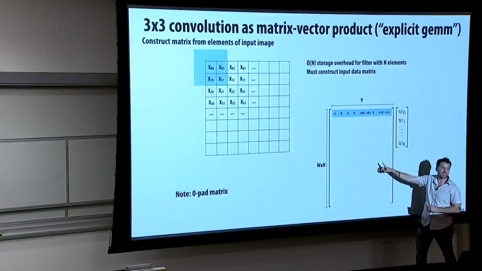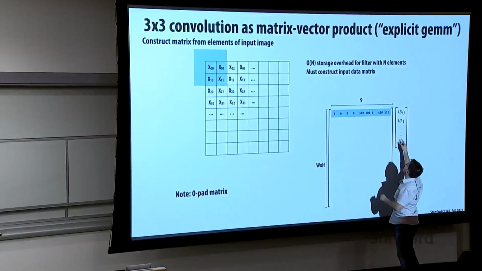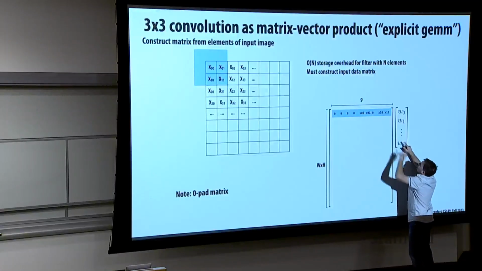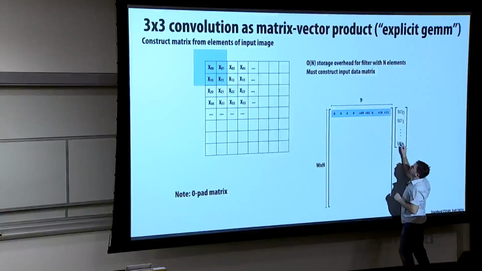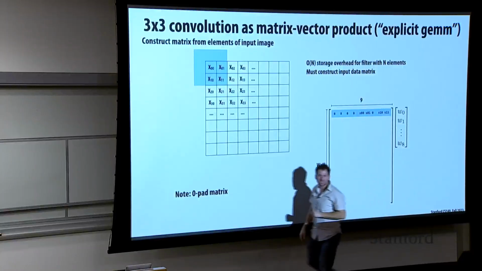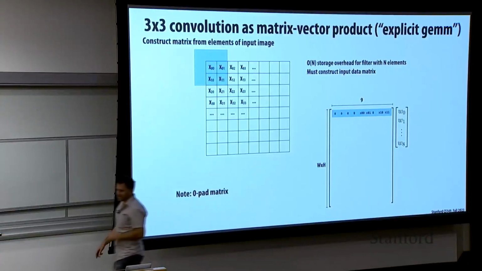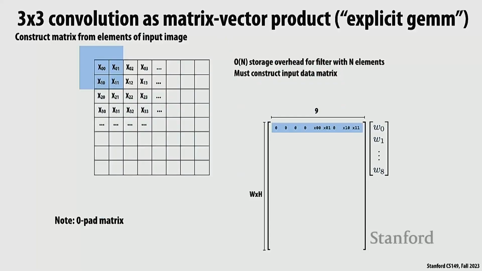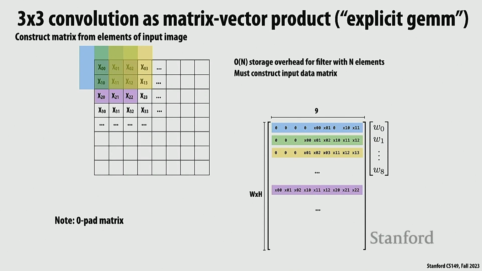Can you see that? I'm just going to copy data in so that the dot product of this row and this row is the first pixel of the convolution. What I'm showing you on the slide is how I would copy values in. Then let's think about the next row, and I'd copy these values. It might be clearest if I go way down here where there are no boundary conditions.